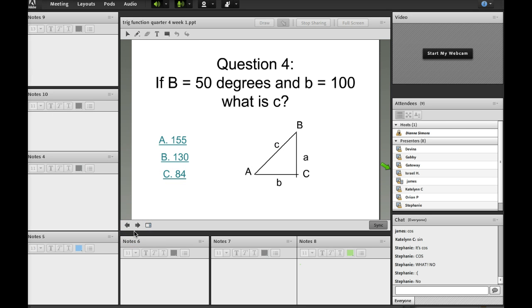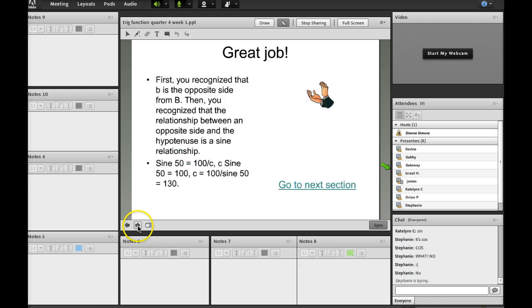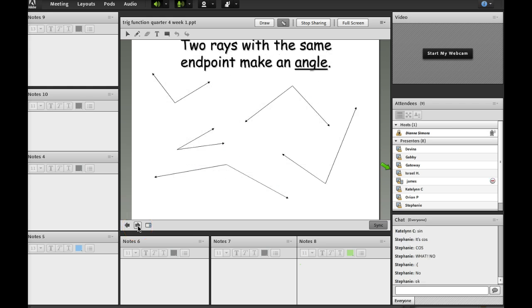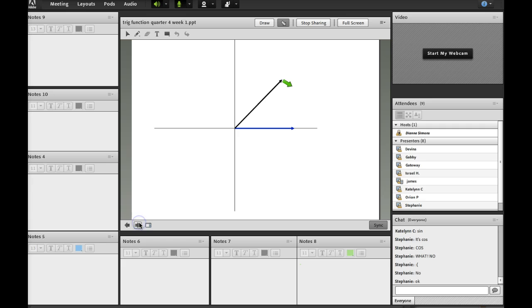All right, let's go. We only have a couple more minutes. All right, so two rays with the endpoints make an angle. So this is a ray, this is a ray, and this is the endpoint, right? So rays have a definite beginning point, and their other end just keeps going forever and ever. Okay, so as we look here, this is for an angle.